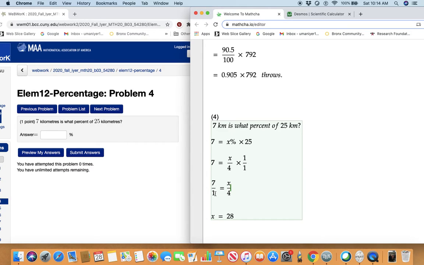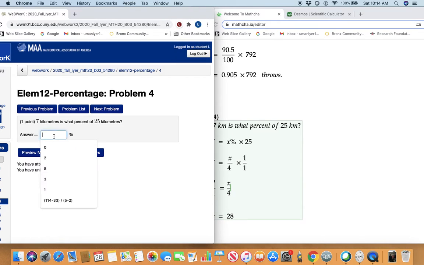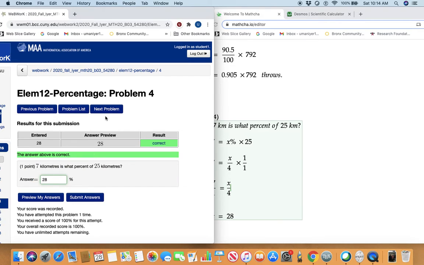Now cross multiply. 1 times X is X. 7 times 4 is 28. X is 28. So remember what percent? 28%.